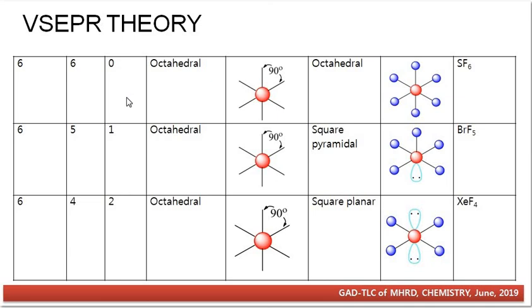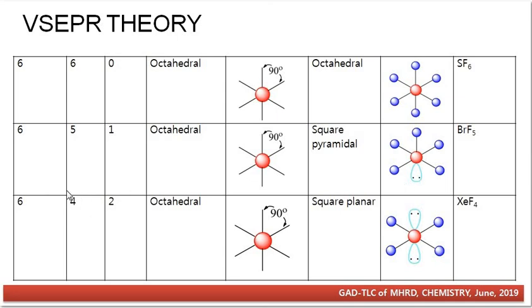Similarly, if we have six electron pairs around a central atom, then the electron pair arrangement as well as molecular geometry will be octahedral, for example SF6 molecule. If we have octahedral electron pair arrangement, five bond pairs and one lone pair, then the molecular geometry will be square pyramidal, for example BrF5, and one lone pair is present at one position.